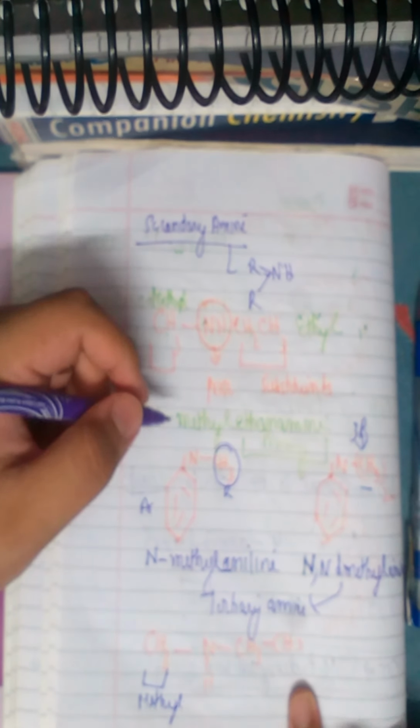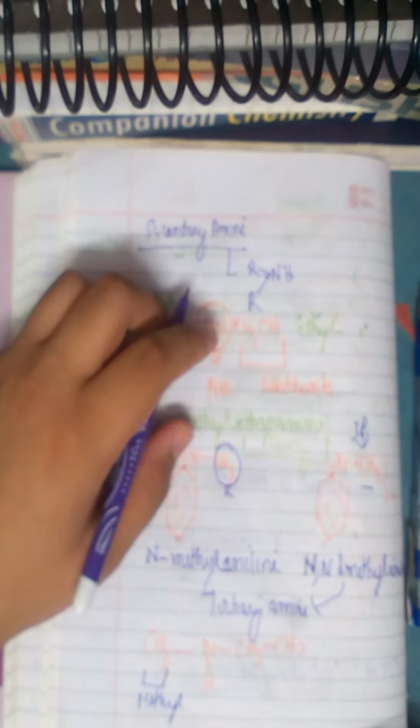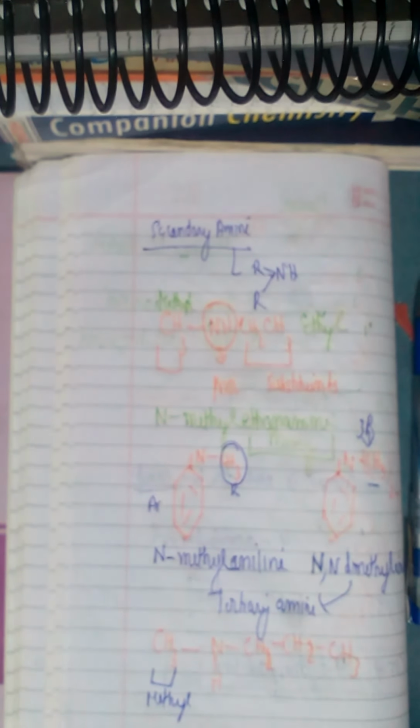One is a methyl group, and another CH3 group here. Now you can identify that this group is a methyl group, and the second R group is an R group of 3 carbons. So 3 carbons means a propyl group.